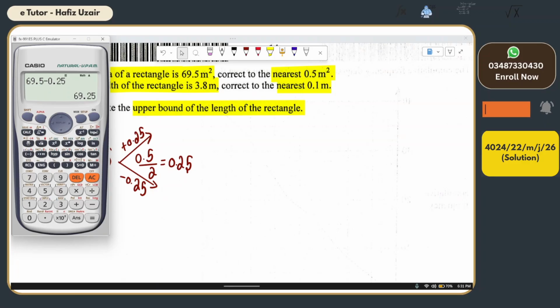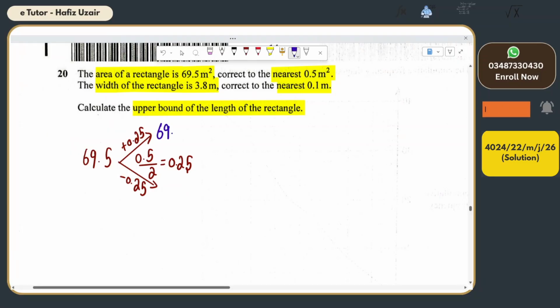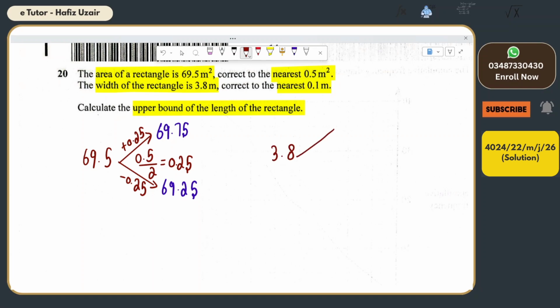So we have 69.75 and 69.25. Now for the width of the rectangle, the width is 3.8. This is 0.1 divided by 2, which is equal to 0.05. Now let's add 0.05 and subtract 0.05. This will tell us the upper and lower bound.